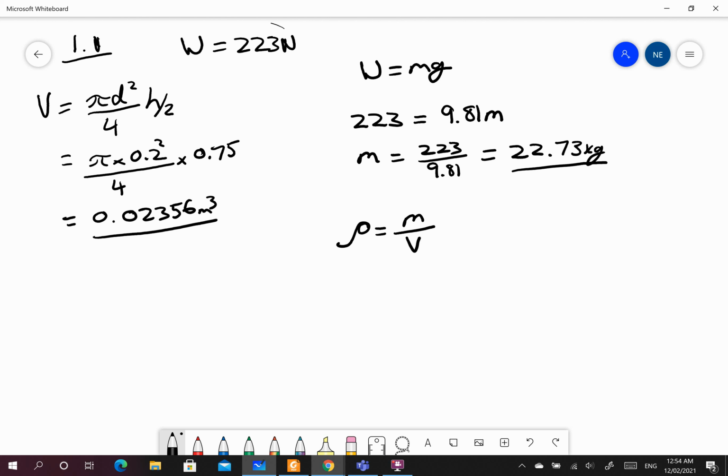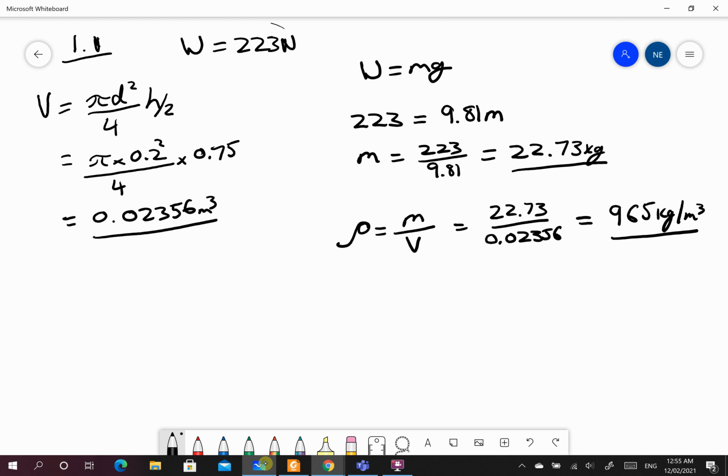So what I'm going to get from here is just plug these straight in. 22.73 all over the volume over here, 0.0236, and that is going to give me a density of 965 kilograms per meter cubed. Make sure you're writing your units every time. If you don't write your units, I'm going to dock marks from your assessments.